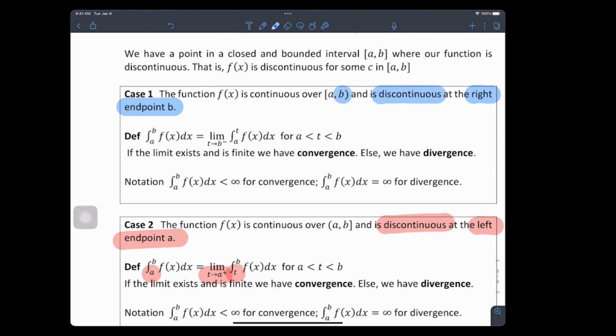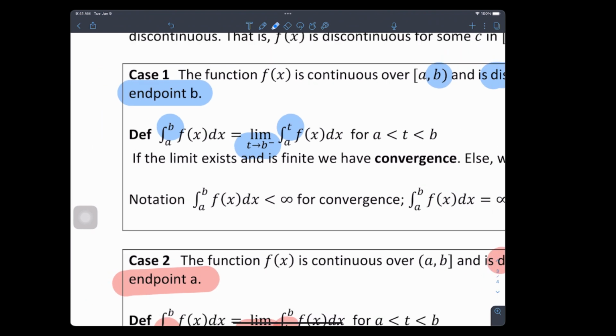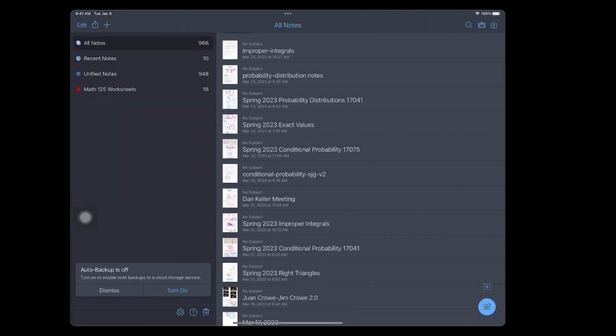So how do they define that integral? Well, we just did it. Now the problem is b. Replace it with a t and let t go to b from the left, just like we just wrote down. So you have those two situations, really.